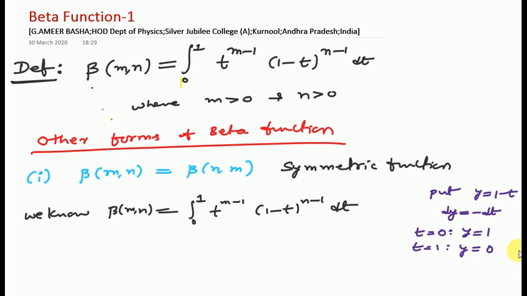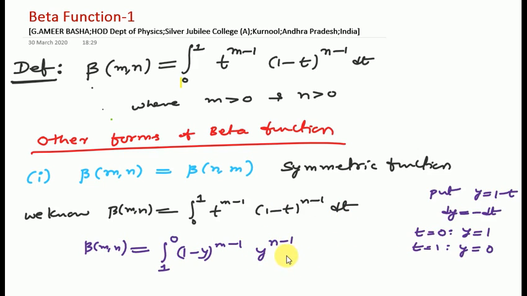So with this, what happens to our function? Beta(m, n) will become: when t is 0, y is 1, so the lower limit is 1 and the upper limit is 0. But in place of t, I need to substitute 1 minus y, whole power m minus 1. In place of 1 minus t, it is y to the power n minus 1.